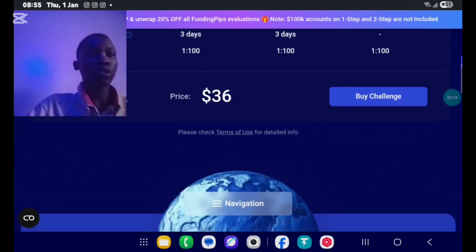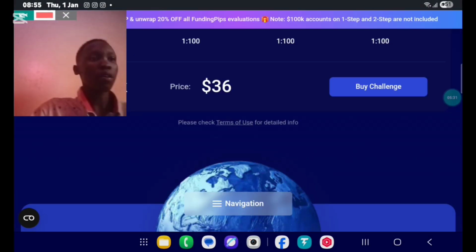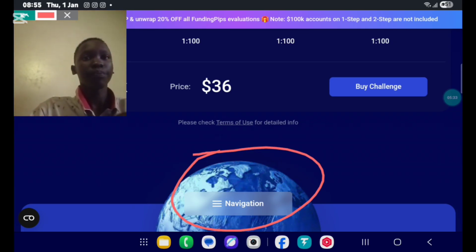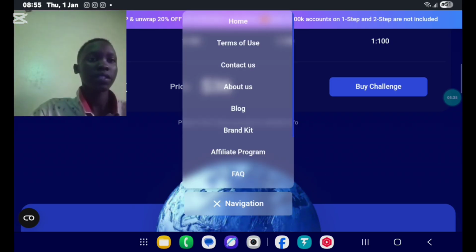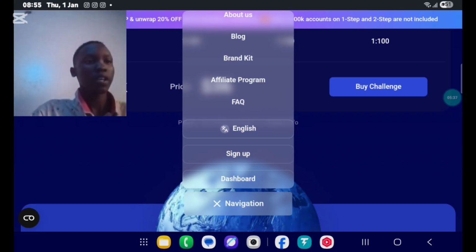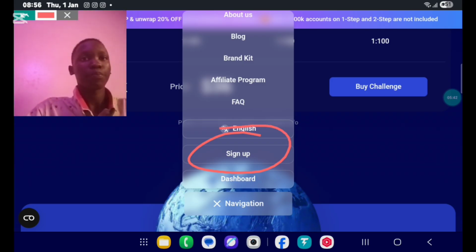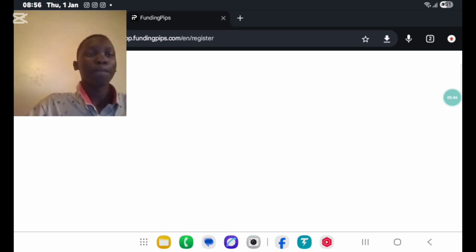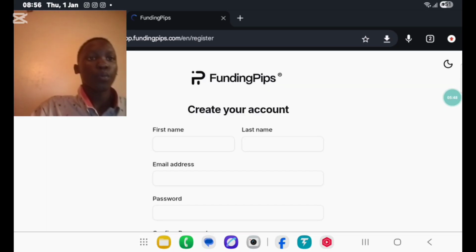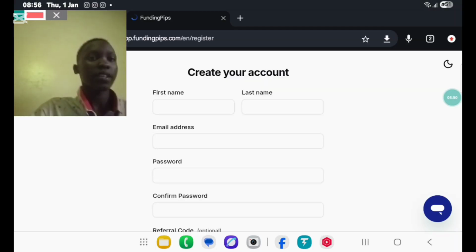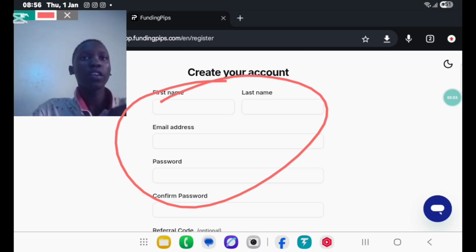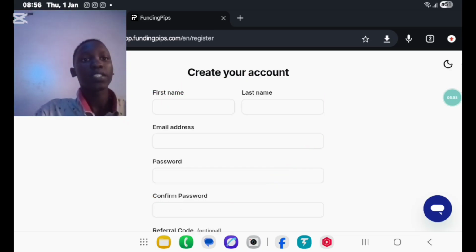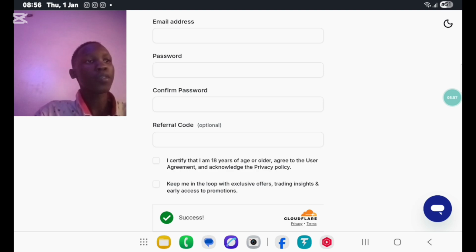Now to sign in, you can press this, then you scroll, and you can see sign in. Press sign in. Here will be all your details: first name, second name, third name, confirmation.